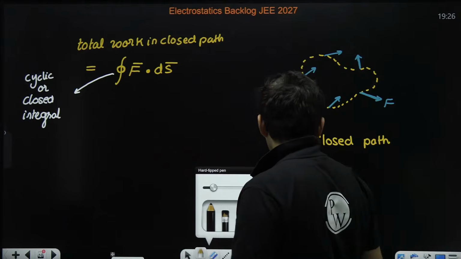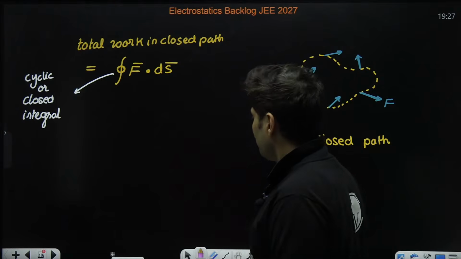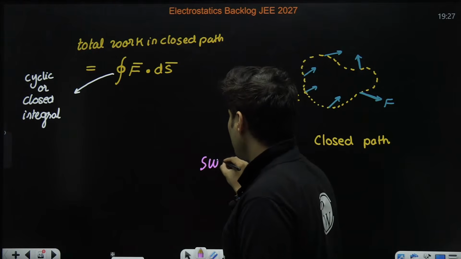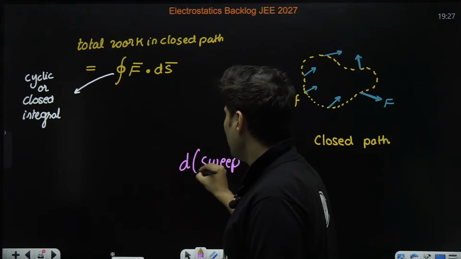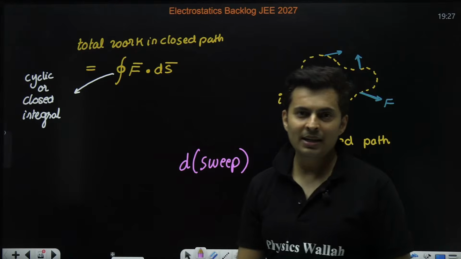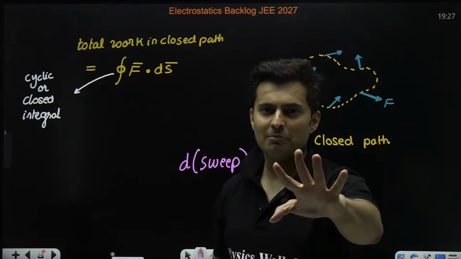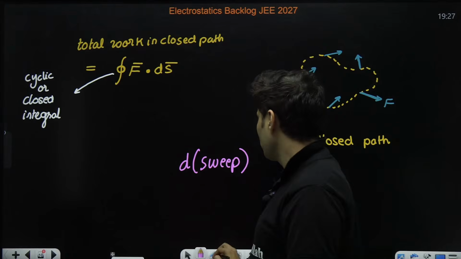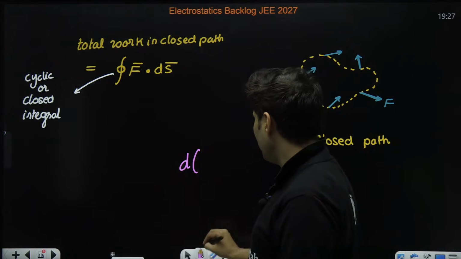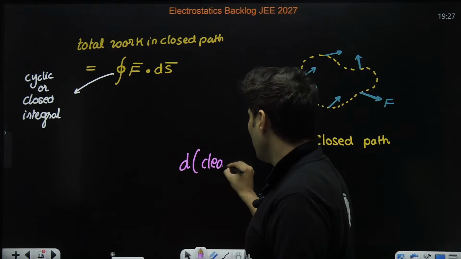For example, I introduce a function which is called sweeping, and I introduce a variable dsweep, meaning if your mom or dad ask, hey listen, today you have to clean your room. Forget sweeping, let's call it cleaning. Today you have to clean your room.